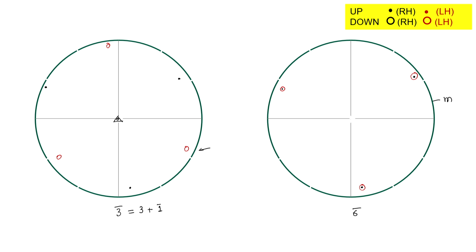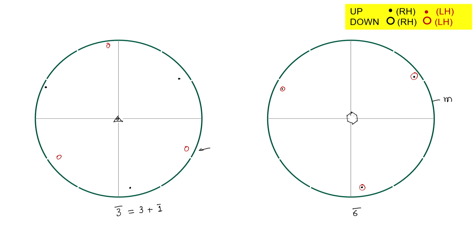Now, a six-fold roto inversion can be represented as, first I draw the hexagon to show the six-fold part of it, but you see that there is another rotation which is possible, which is a three-fold.